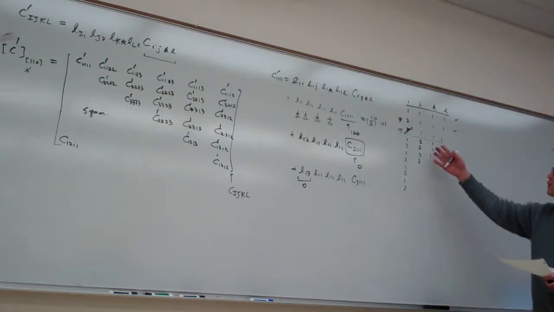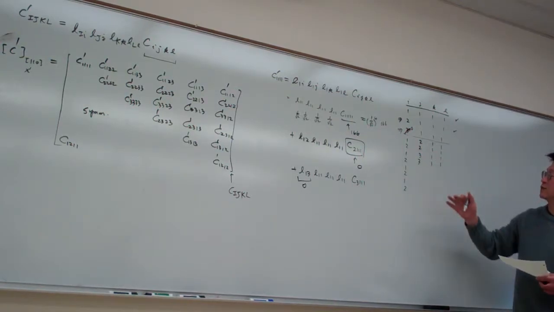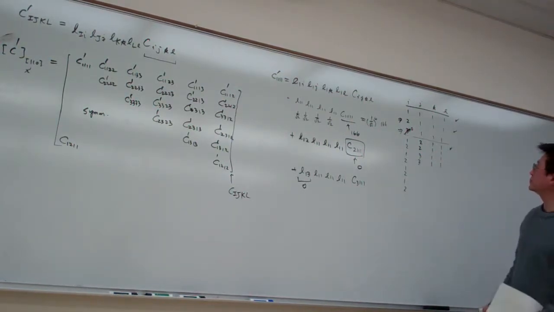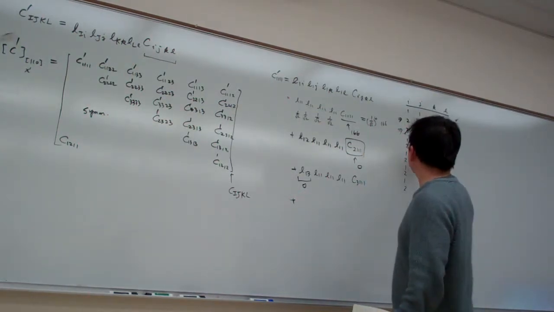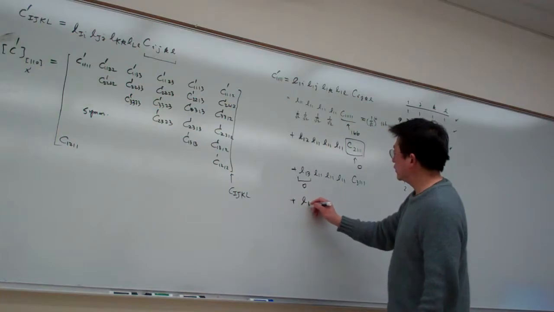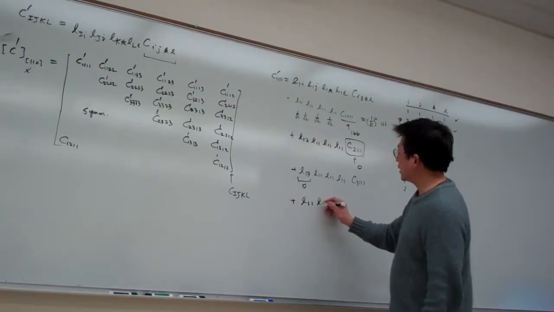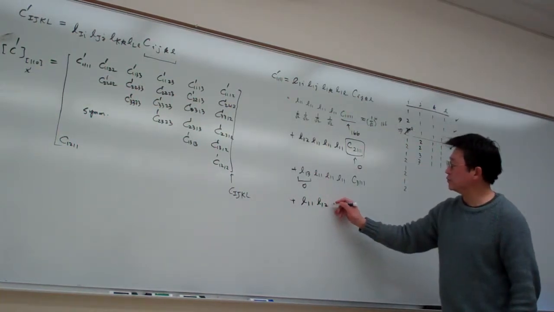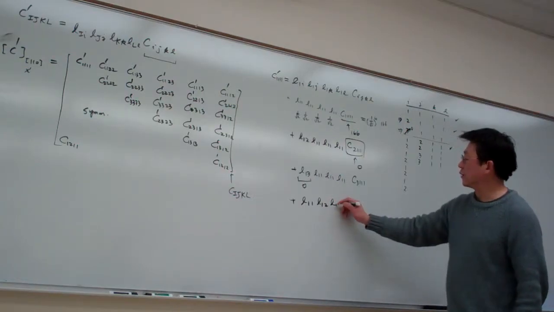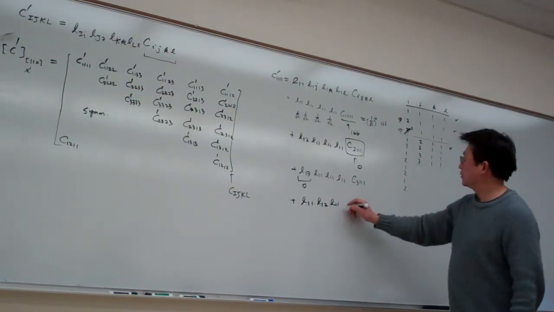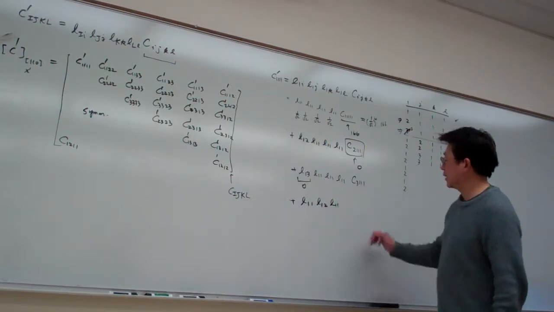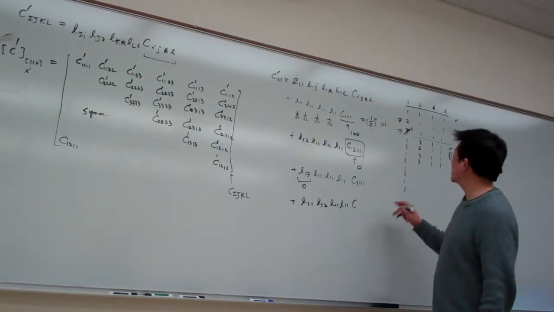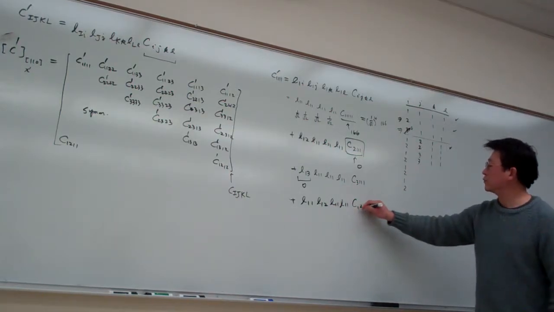Okay, so right now I proceed to the second one. So we do this one here. For this one, basically IJKL equal to I equal to 1, J equal to 2, K equal to 1, L equal to 1, and C1211.